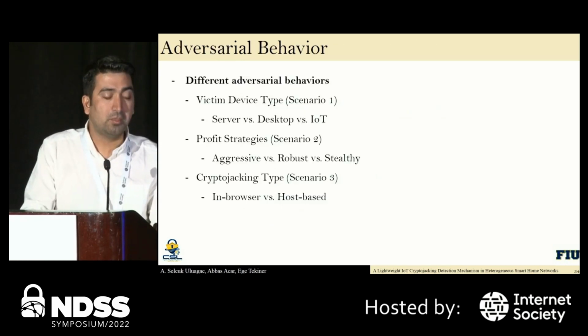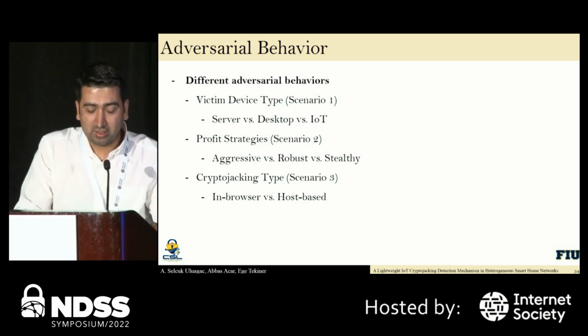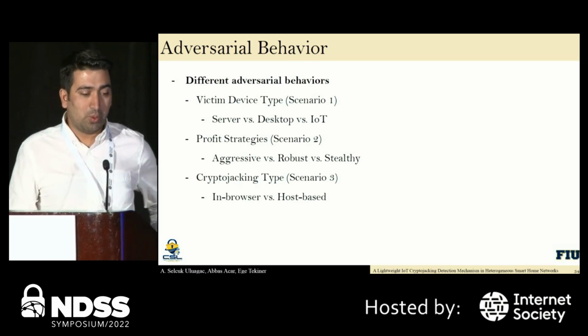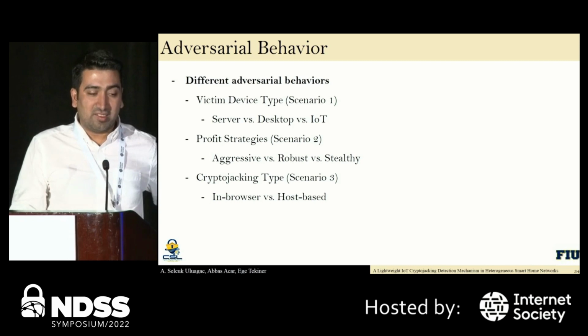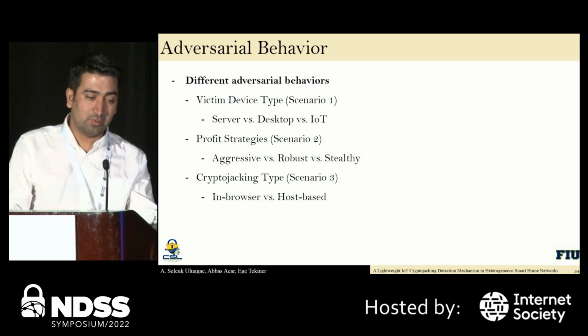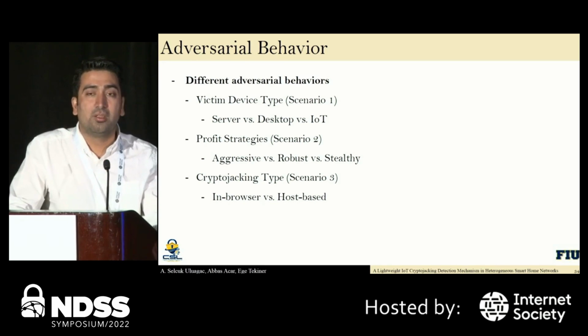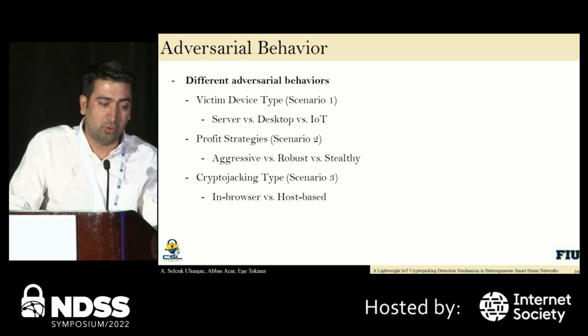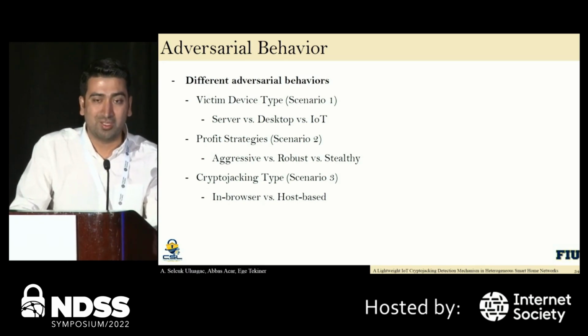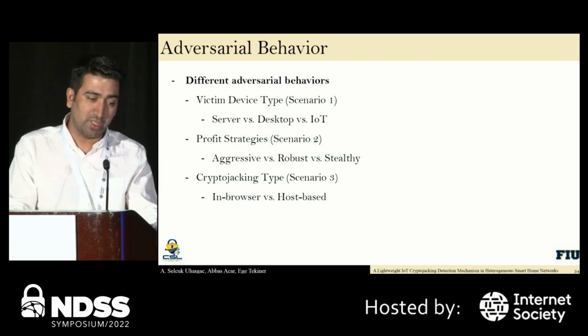Then in the second set of experiments, we wanted to assess the different adversarial behaviors that we can actually see in real life. For example, the adversaries can target different kinds of devices. It can be a server, a desktop, or an IoT device.